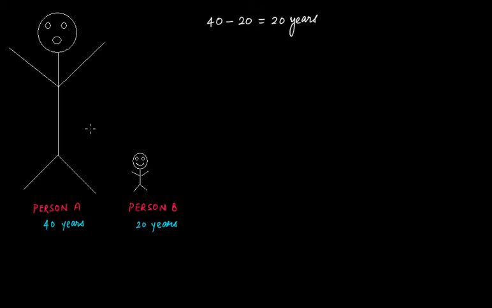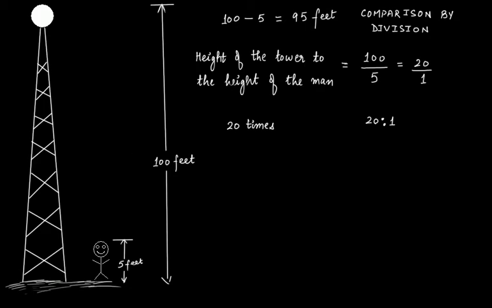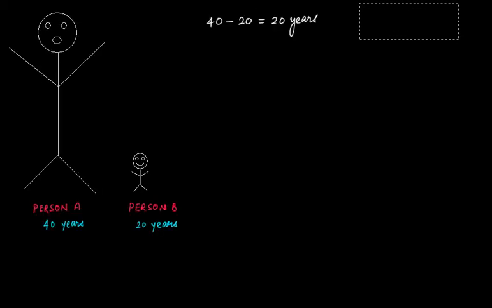Same thing will be applied here. If I say the height of person A to the height of person B, again, what am I going to use? I'm going to use comparison by division.